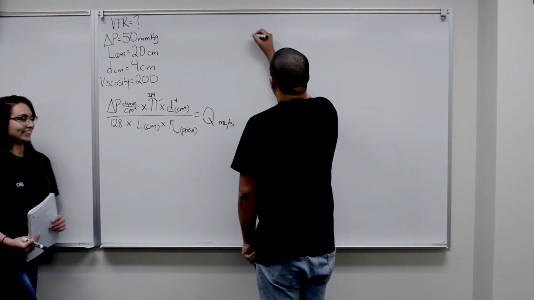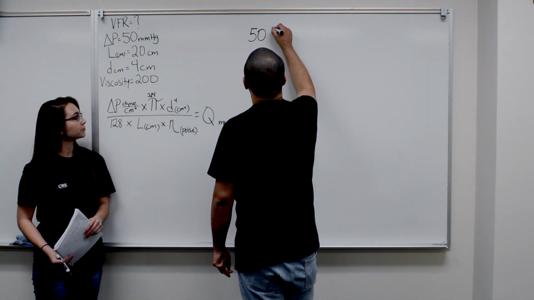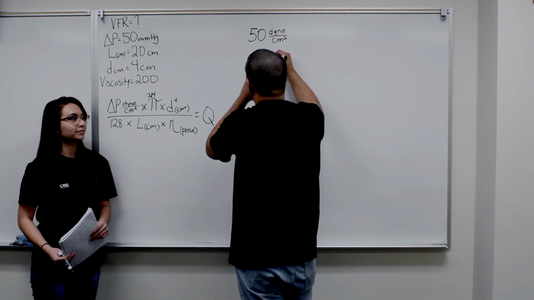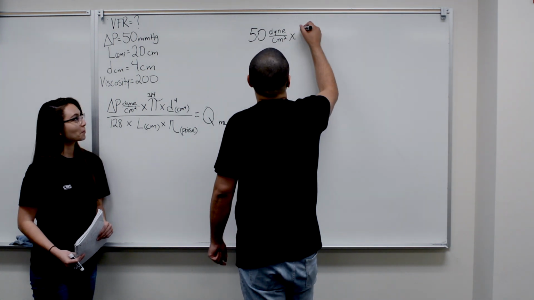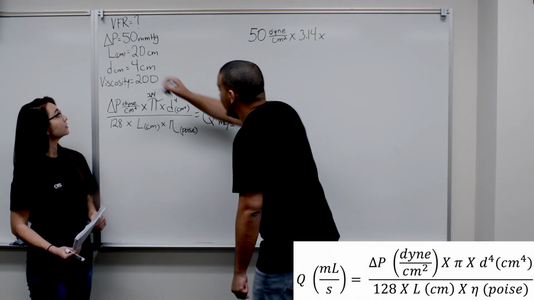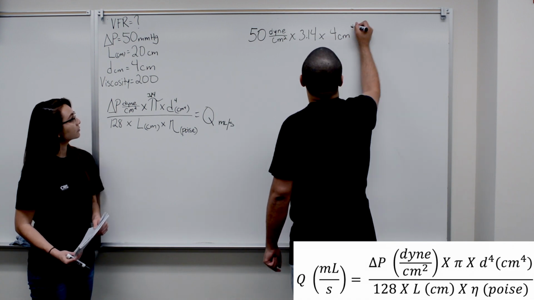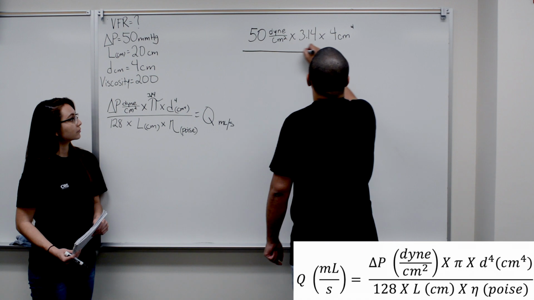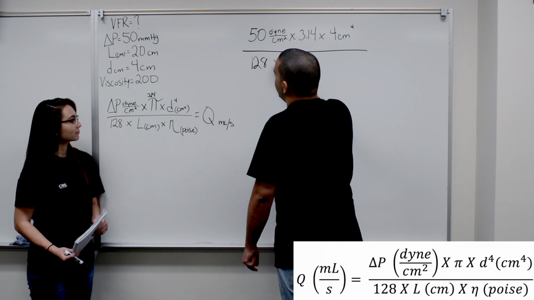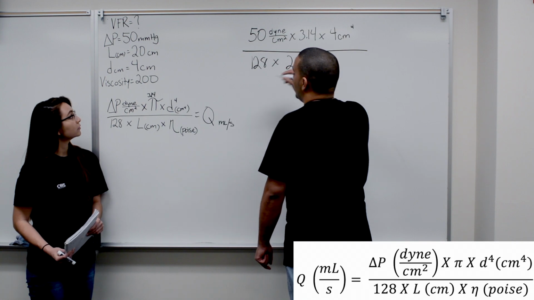Oh, you want to switch spots? Not bad. So triangle P, which is 50, and now it's going to be with dyne over centimeter squared, times 3.14 times our diameter of 4 centimeters to the fourth power, don't forget, over 128 times the length of 20 centimeters times Poiseuille of 200.